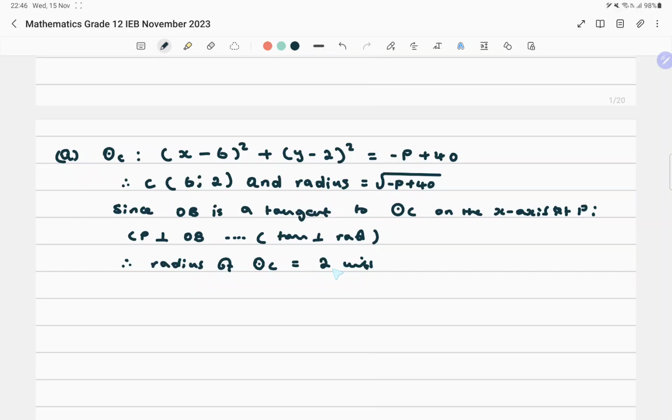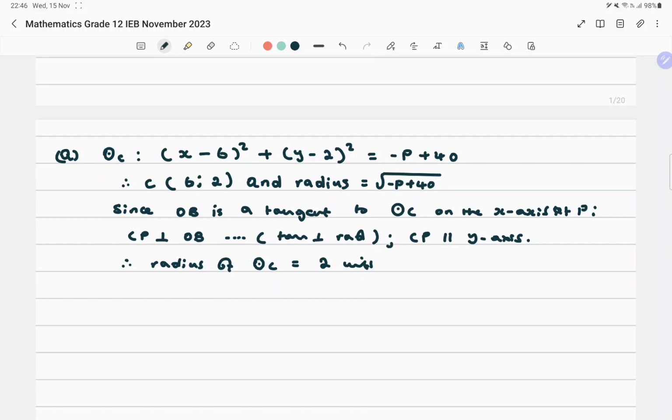You just want to say enough and show enough. If this is perpendicular to the x-axis, it also means this line is parallel to the y-axis. We can say also CP must be parallel to the y-axis. So that is the essence of this question. So that is a perpendicular line. The radius is going to be 2 units. So sometimes stop there, don't go far.